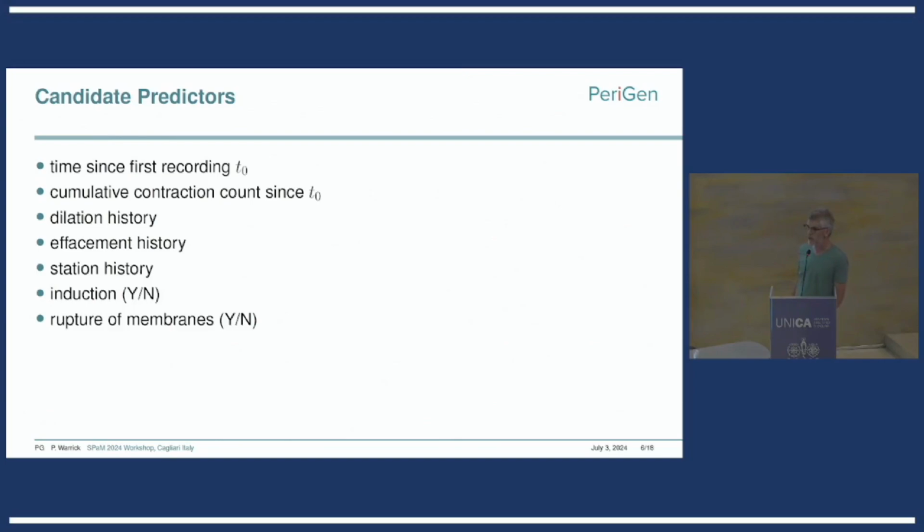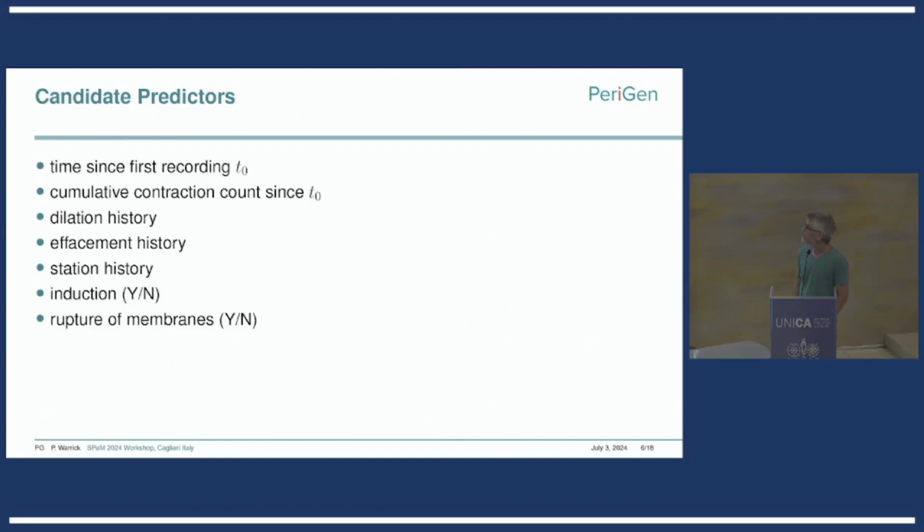So we used the time since the first recording, or time 0. We used the cumulative contraction count since time 0. Basically, the idea is that labor cannot progress without the presence of contractions, and usually labor is defined by the presence of contractions. So this is part of the model.